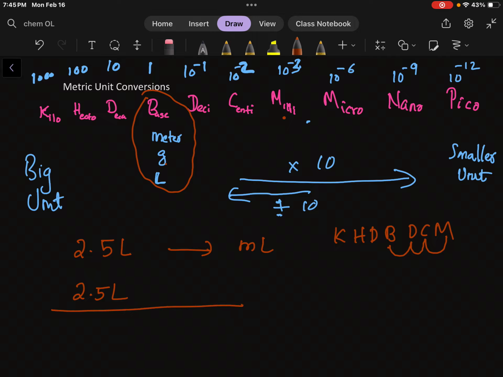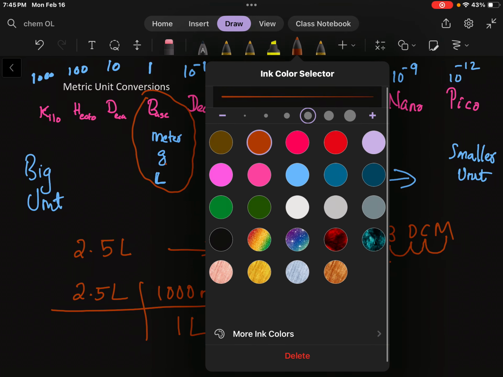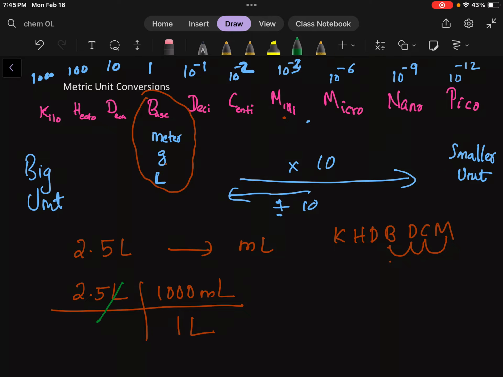If you want to do the dimensional analysis, I will write this is your 1 liter. 1 liter has how many tens? There are 1, 2, 3 tens to reach the milliliter. Now we can just cross the liters and liters out.